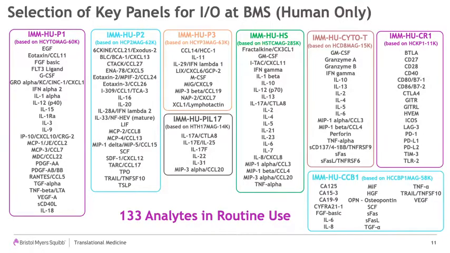We have similar, if somewhat smaller, selections we use for mouse and cyno studies. All these panels I'm showing here are based off existing multiplex panels, and I want to use the next couple slides to show some of our experiences working with those reagents.